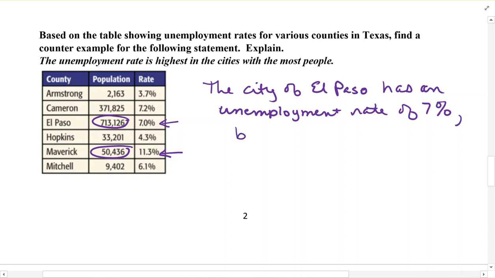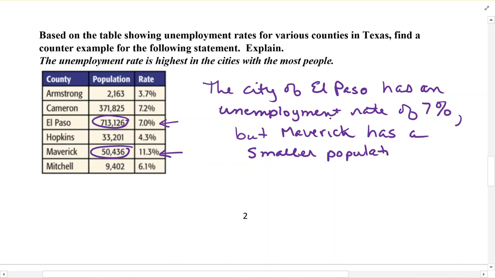But Maverick has a smaller population with 11.3% unemployment.